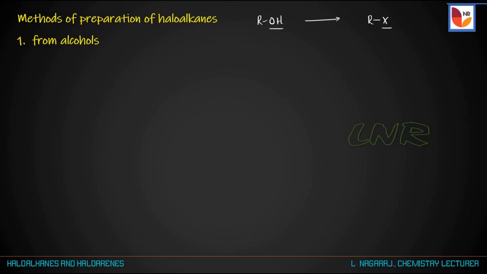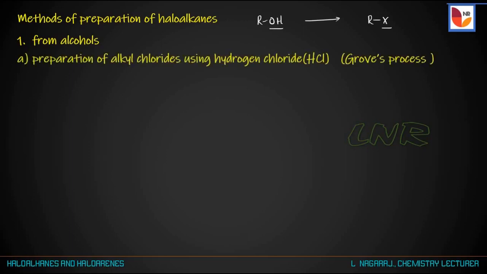Here there are different reagents to be used to replace the hydroxyl group from the alcohols. Let us learn one by one. That is, first one, by using hydrogen chloride. This method is to be called as Groves process.